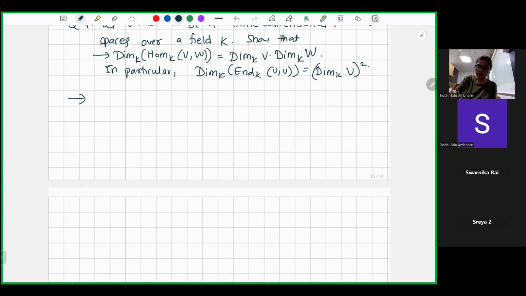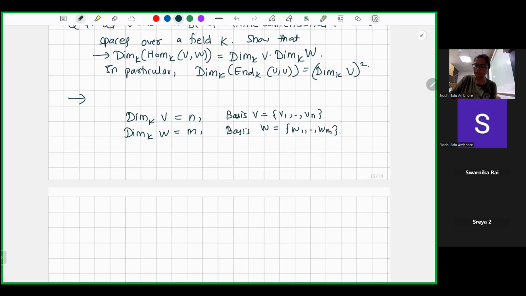So understand that, suppose the dimension of V is n, so V has basis v1 to vn, and the dimension K of W is m, and suppose the basis of W is w1 to wm.